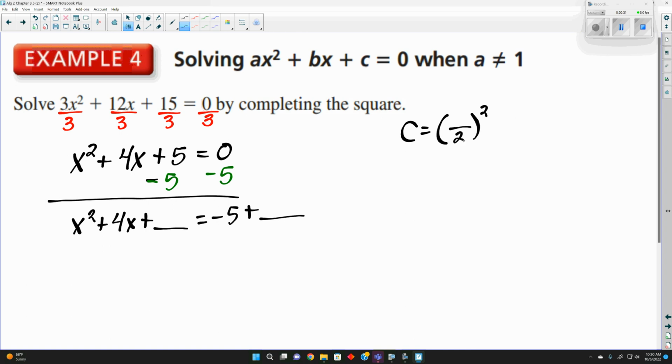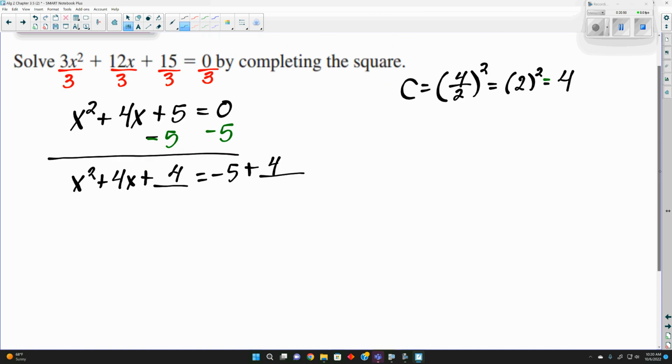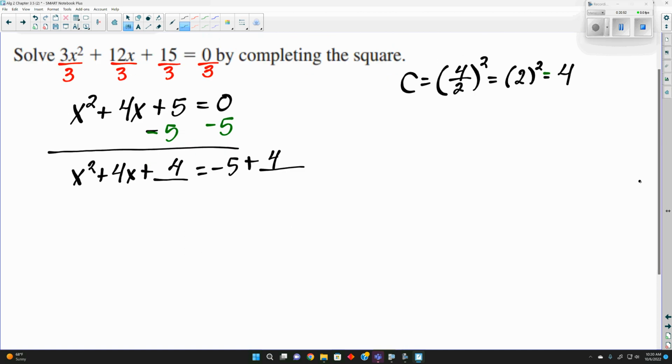C is equal to what? B over 2 squared, yes? What's the value of B? Positive 4. 4 divided by 2 is 2, and 2 squared is 4. So how would our x squared plus 4x plus 4 factor be what?